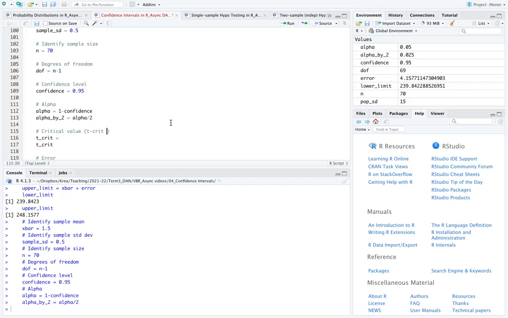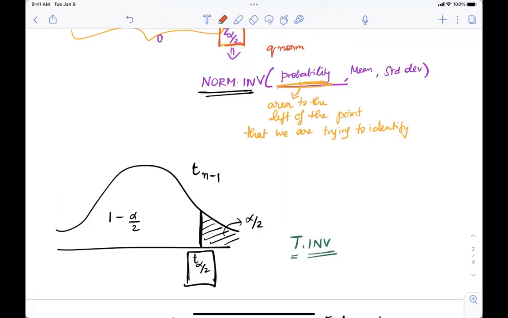Now, let's go and find the t critical value. So this is going to be t alpha by 2 with n-1 degrees of freedom. So here again, it's going to be very similar to how we did it for the previous case. To show you a visual example of how this would look, if I draw a t distribution with n-1 degrees of freedom, the point t alpha by 2 is such that the area to the right of the point is alpha by 2.